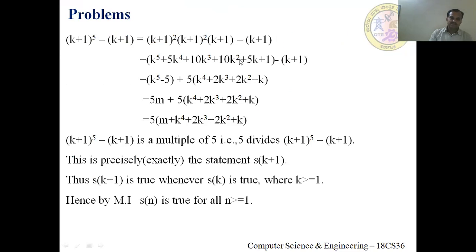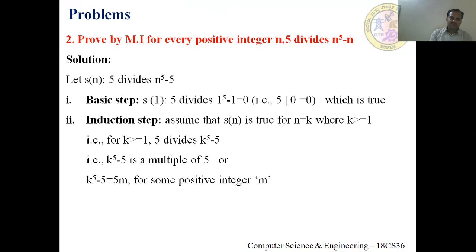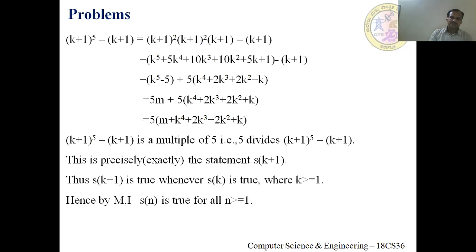What we are trying to do here is, we know that k to the power of 5 minus k is a multiple of 5. That's why we are taking the LHS.